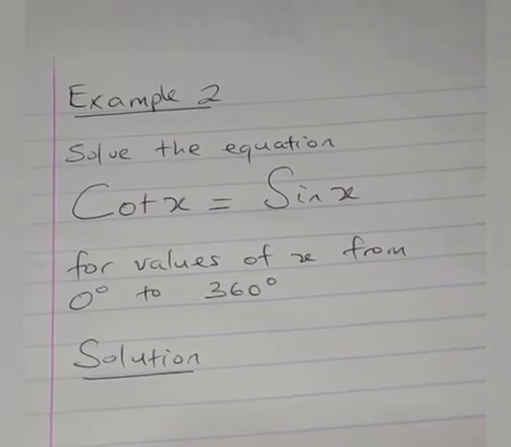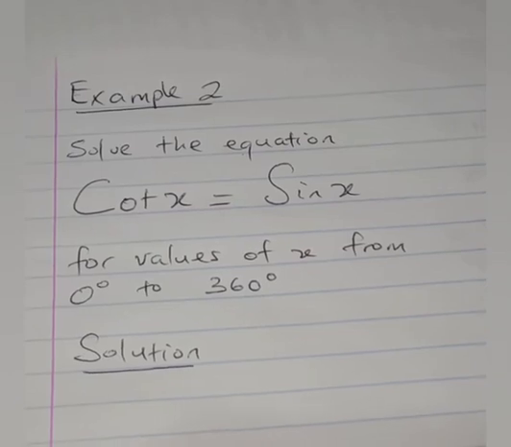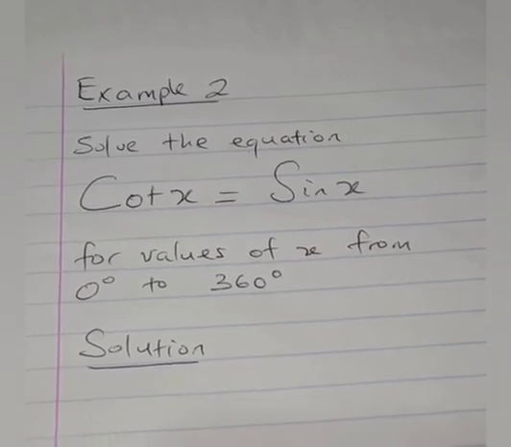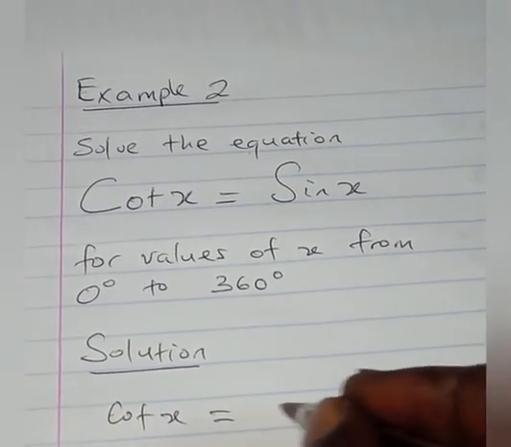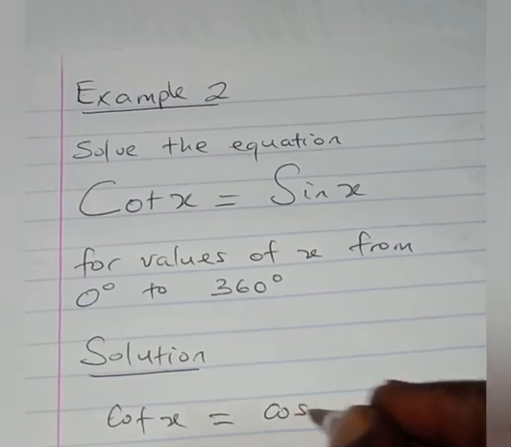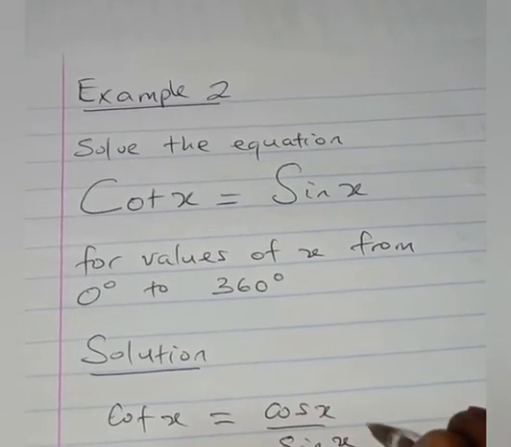In this example, we need to solve the equation cot x is equal to sin x for values of x from 0 to 360 degrees. Now, cot x is equal to cos x over sin x.